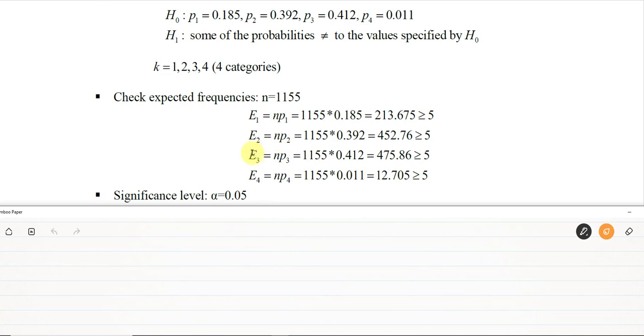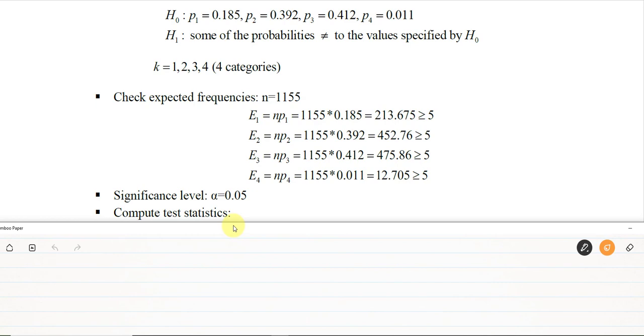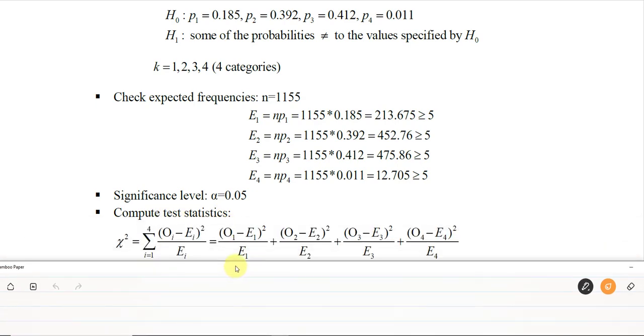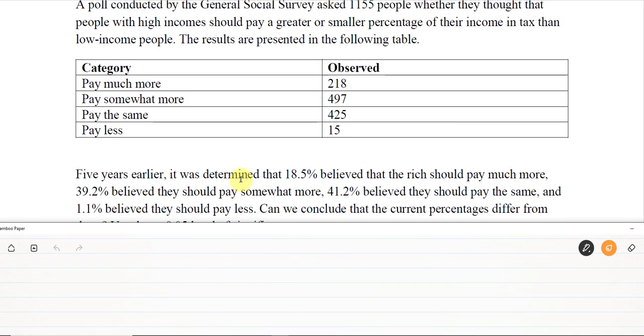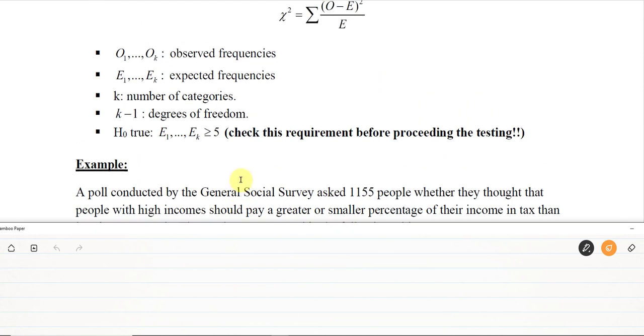The significance level is alpha equals 0.05. This is predetermined for you, so you don't have to worry about how to choose this value. The next thing is to compute the test statistic, using the formula that you saw here.